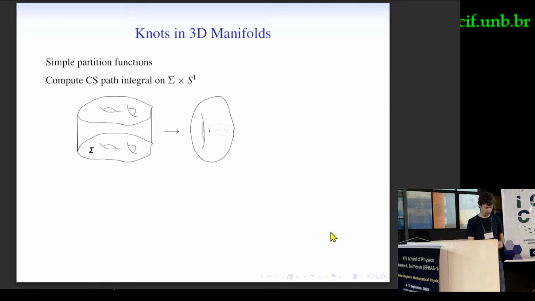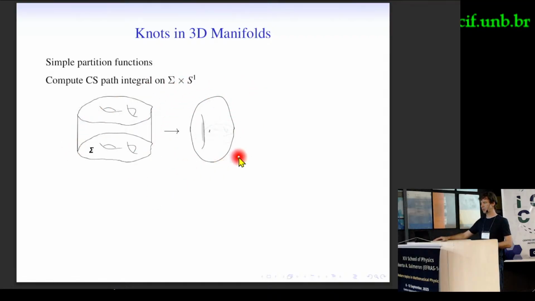Here in this picture, you have sigma as the Riemann surface, and then you just start evolving this Riemann surface in time. If you compute it on sigma cross S1, it means that at some point you close your evolution and you have a picture like this.